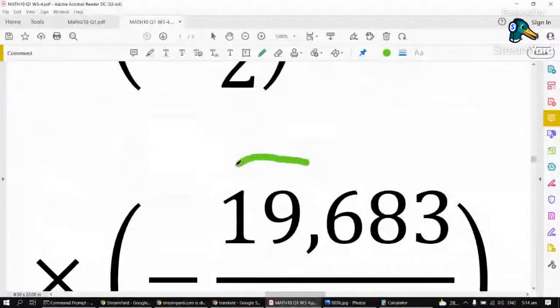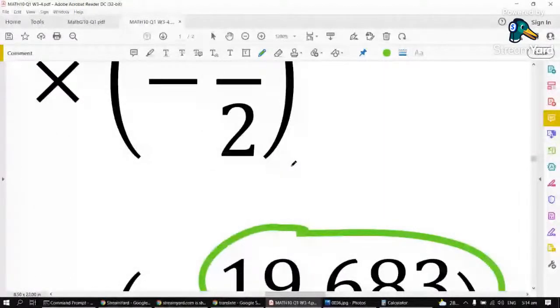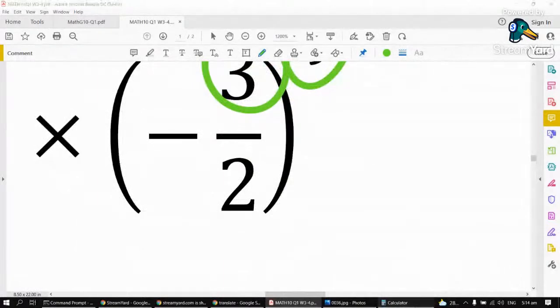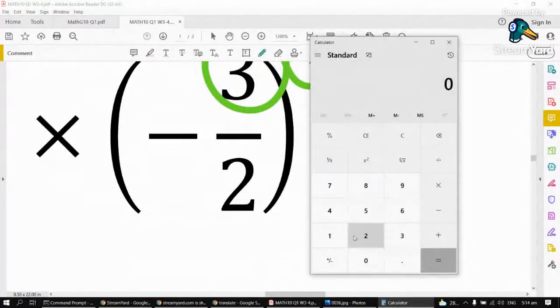That's 19,683. And the 2 is 2 times 2. When I press equal, that is the second term, 4.